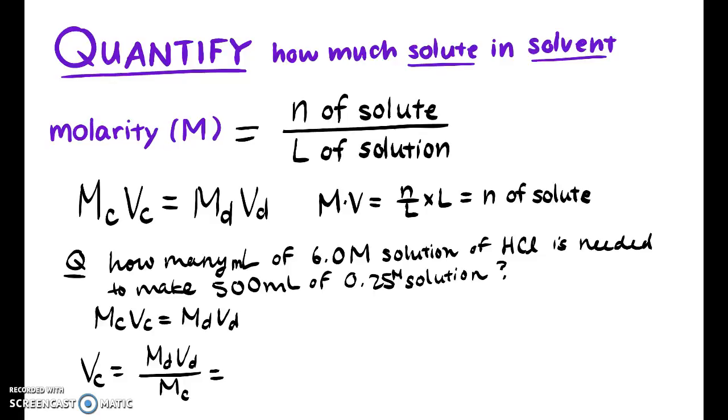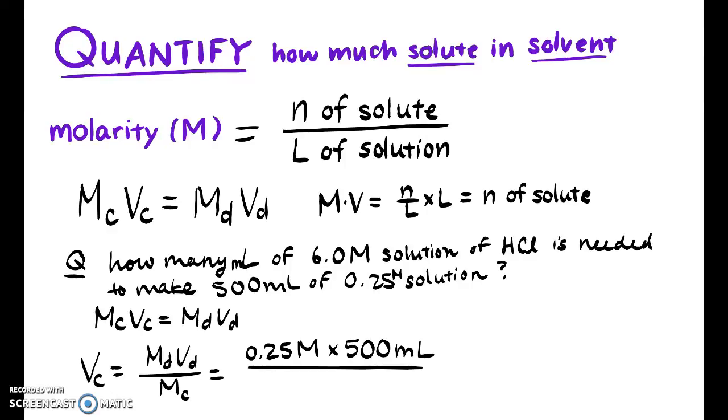Md is the molarity of our desired dilute solution, so that's 0.25 molarity, times the volume of the dilute solution we want, which is 500 milliliters.